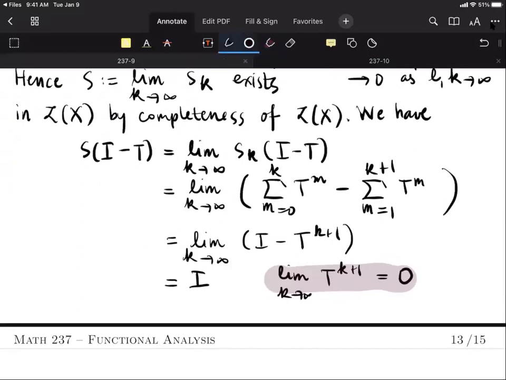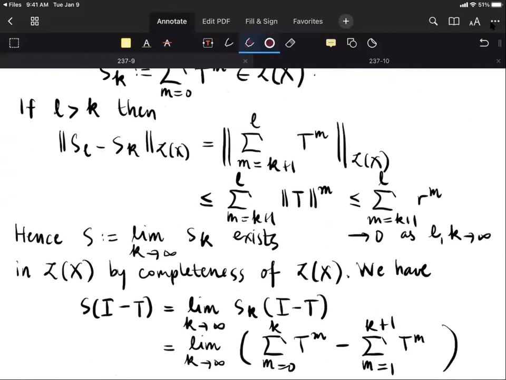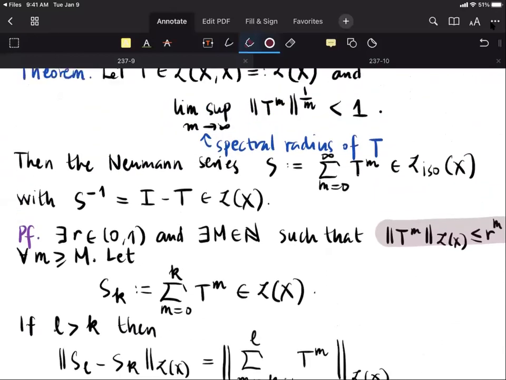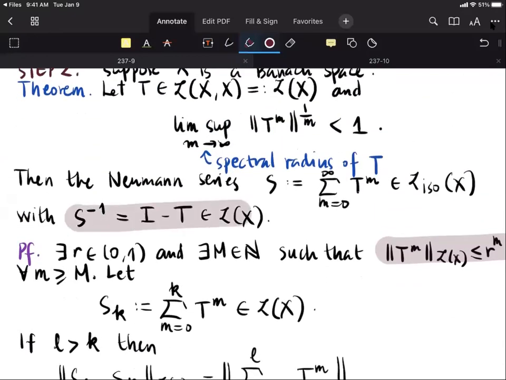And you can, of course, do the same process to show that I minus T times S is also the identity operator in L(X). This shows that I minus T is the inverse of your operator S, and this is what we wish to show here.